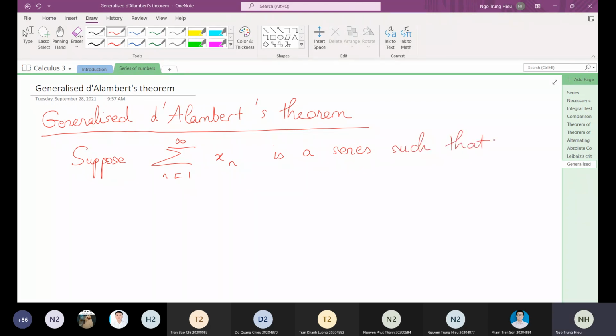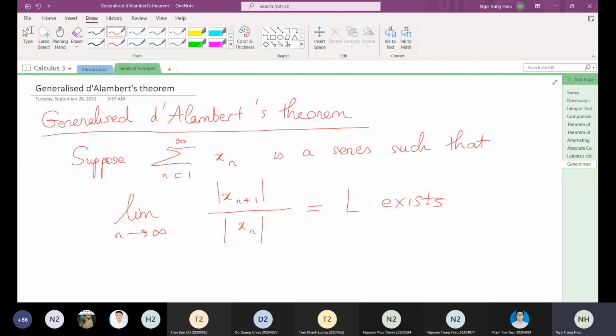And it satisfies that the limit as n goes to infinity of the absolute value of x_{n+1} over x_n, right? But now we don't take the normal quotient anymore. We take the absolute value, right? And suppose that this limit L exists, right? So we can do as before.